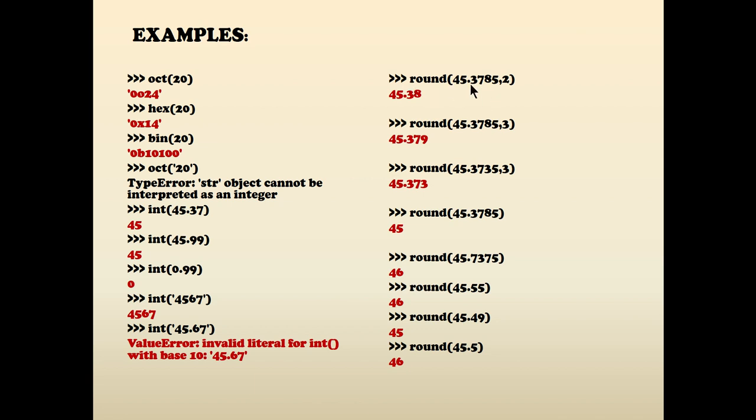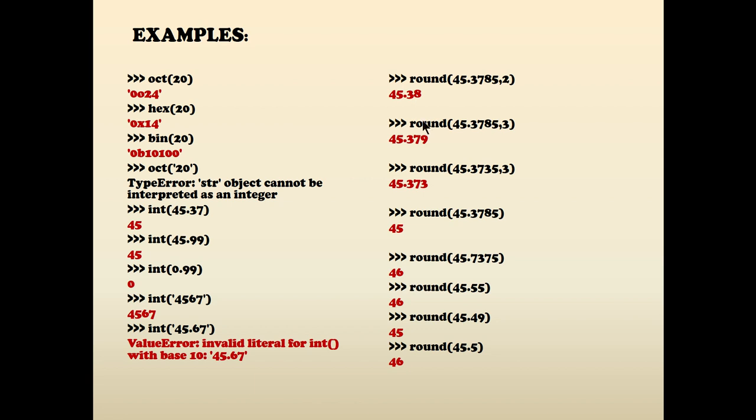This is the round function, so you have to go for the normal rounding methodology that we do in maths. If you want to display only 2 digits, here it is 37. What is in the third digit? It is 8. If it is more than 5, 1 should be added to the previous digit. So here the answer is 45.38.